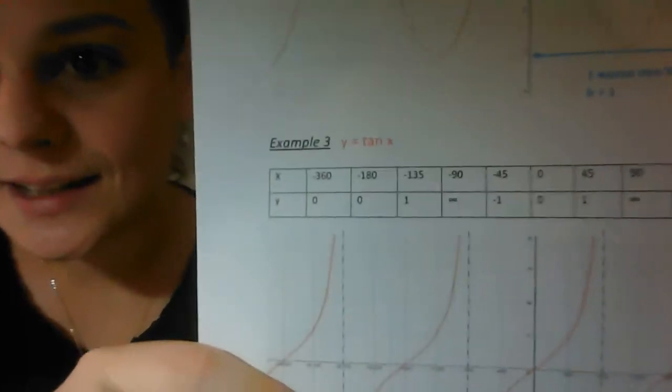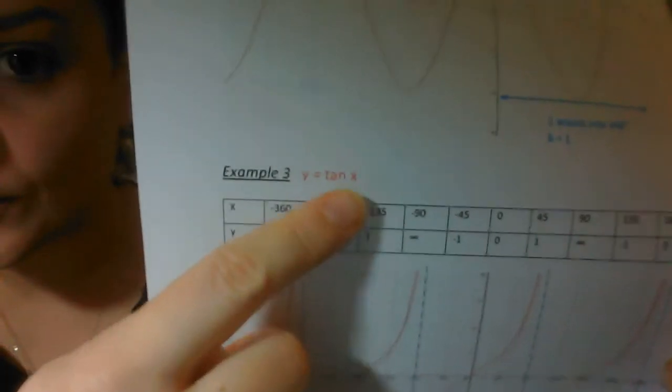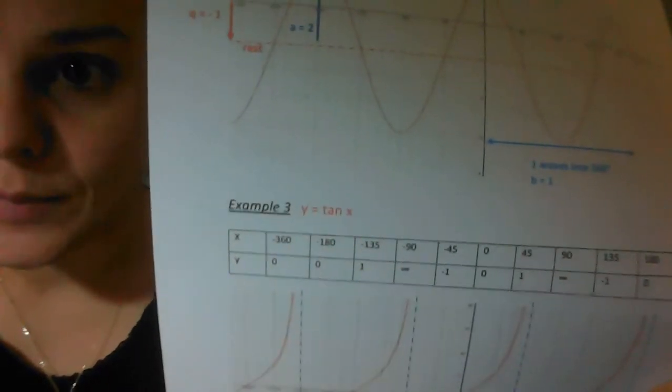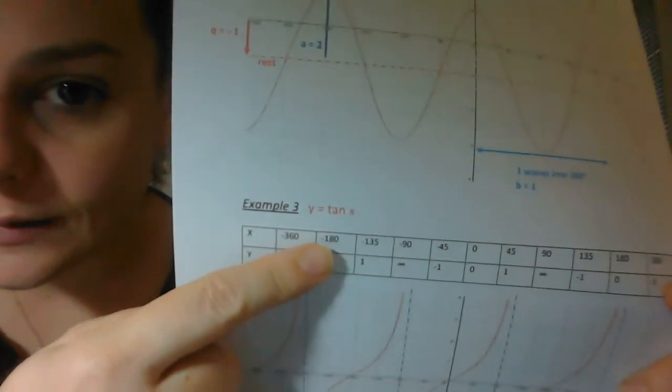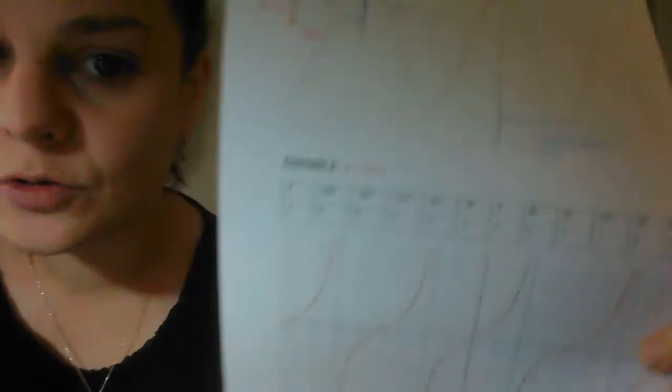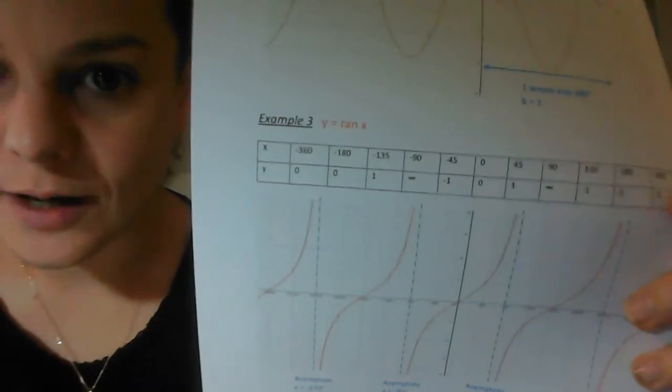Last one, the tan. So I gave you the normal tan graph, the basic, for you to see it at least once before you start the homework. So tan x, same, you have to choose quite a lot of x values to have the full tan graph.